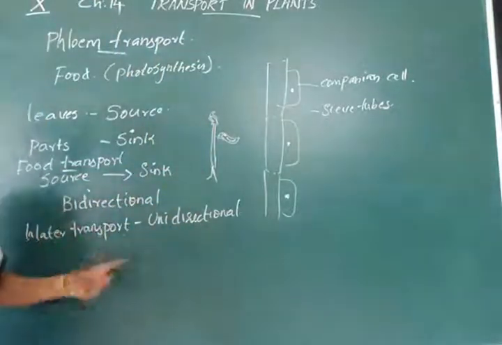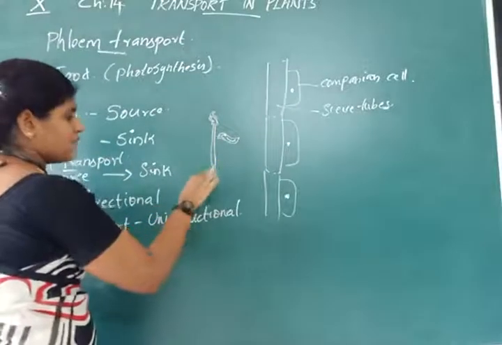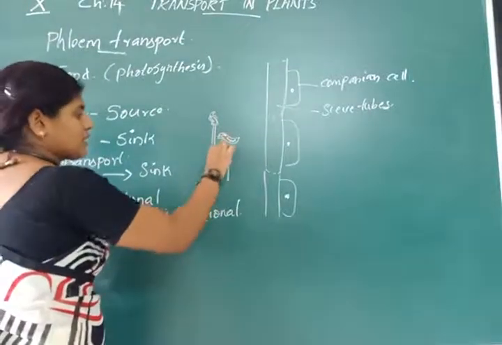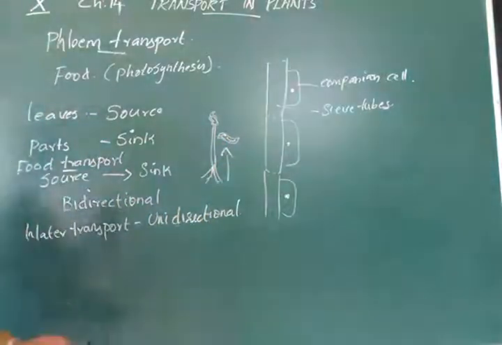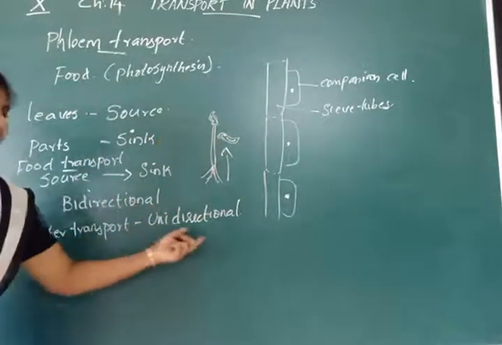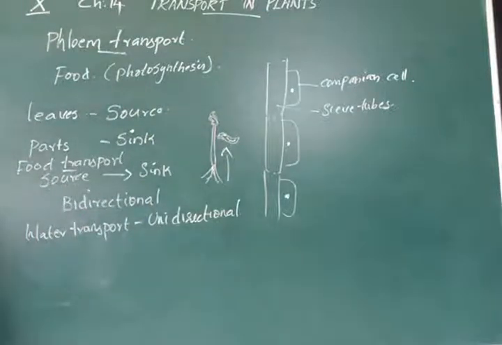But in water transport, the root absorbs water and transports it upwards to the different parts of the plant body. It is only in a single direction, that's why it is called unidirectional. So phloem transport is always from source to sink.